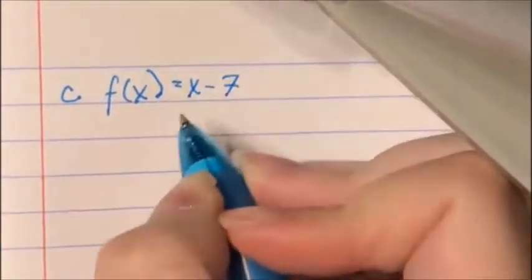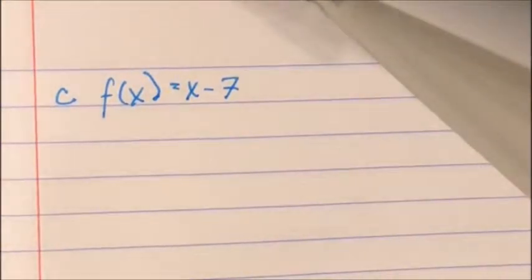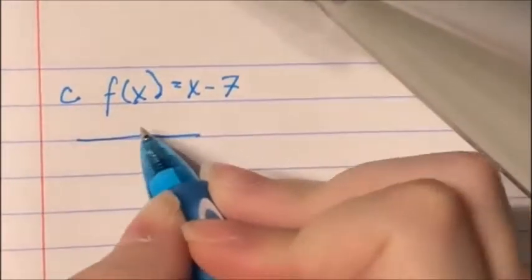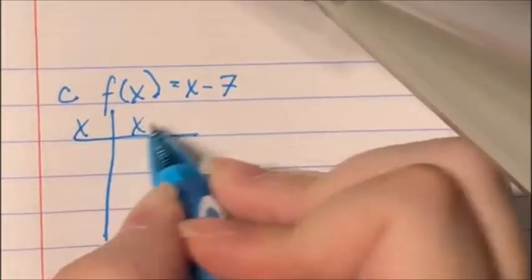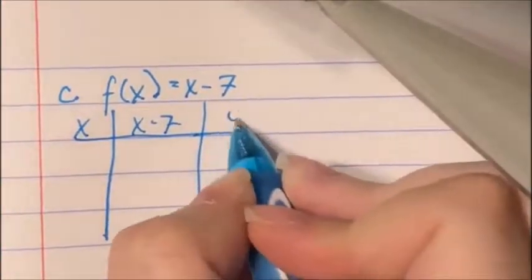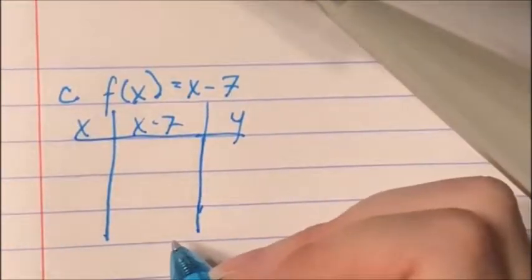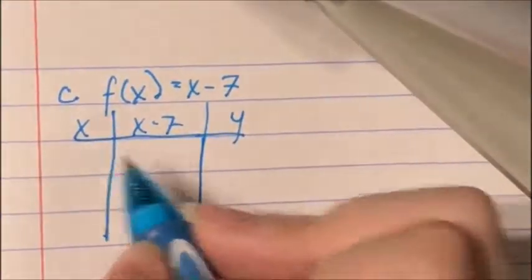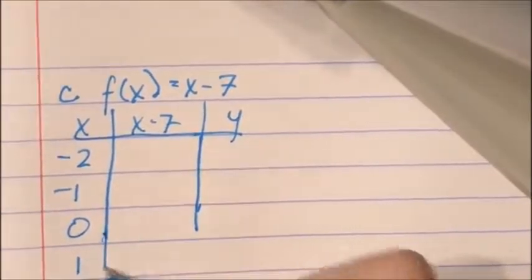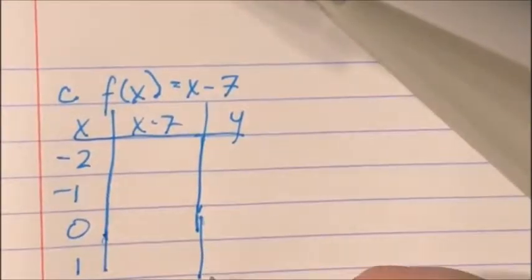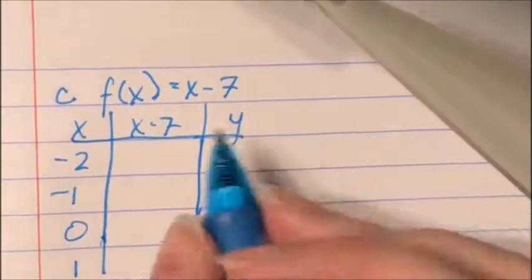So my function is f of x equals x minus 7. x, and then my y value. Okay, and it says pick 4 values. I'm going to pick -2, -1, 0, and 1. You don't have to pick those 4. You can pick any 4 numbers that you would like.